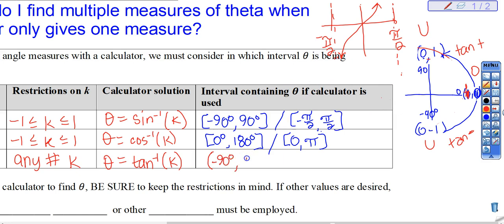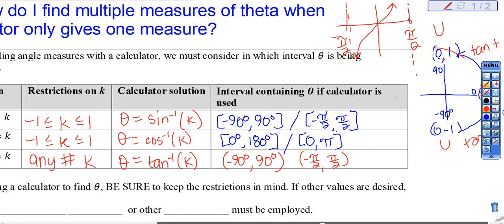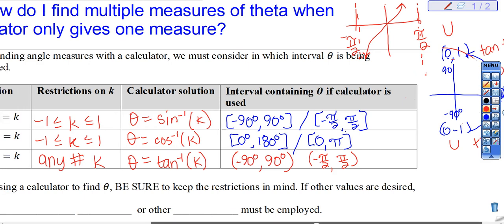They're odd functions. So it's definitely on each side of the x-axis, from negative 90 degrees to 90 degrees, or from negative pi over 2 to pi over 2. But of course you have to keep those intervals open, because the pi over 2s, the 90s, are undefined values for tangent. So the calculator will only give you one answer for tangent or sine or cosine or cosecant or secant or cotangent over the intervals that we've listed.